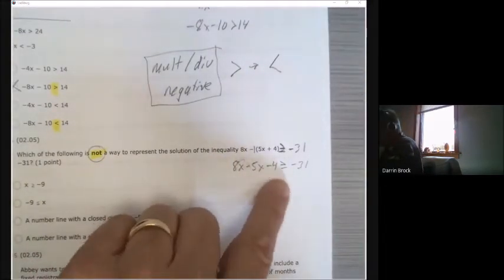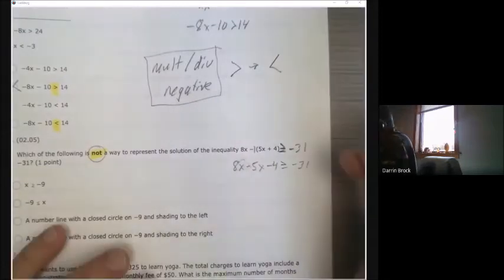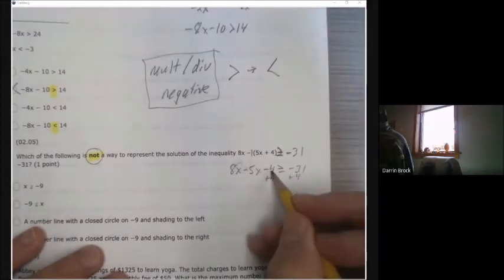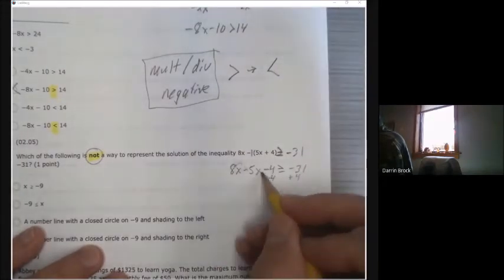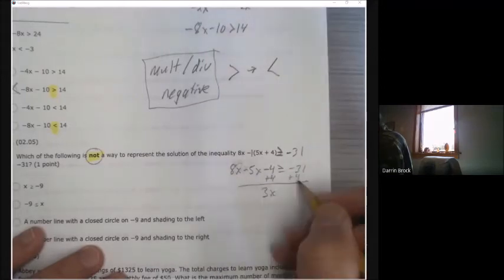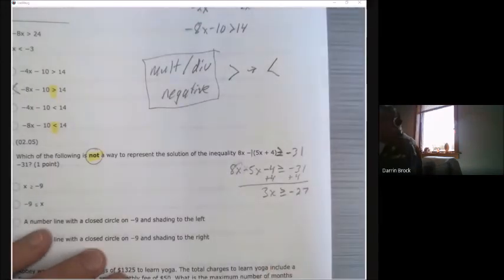So don't get messed up in that. To move that over, we got to make this plus 4 now, because that's a minus 4. And over here, this combines. So 8x minus 5x is 3x. This goes away. Negative 31 plus 4 is negative 27.